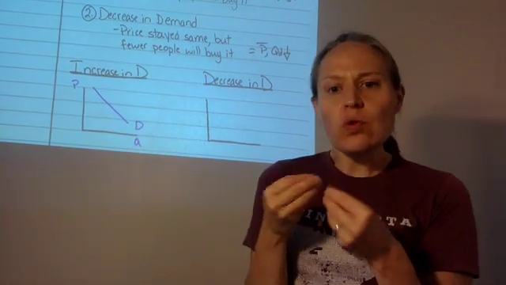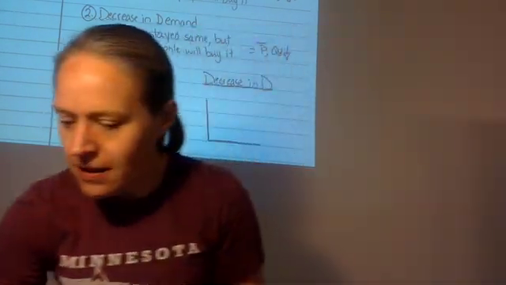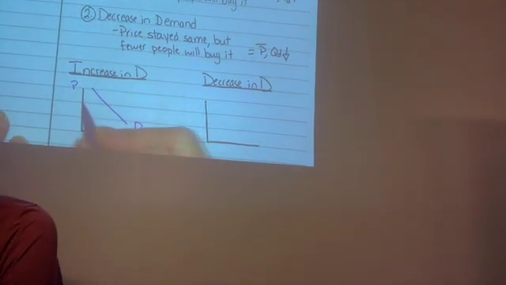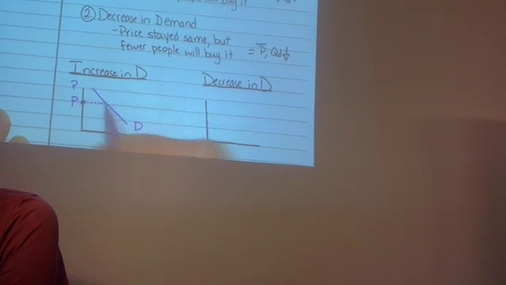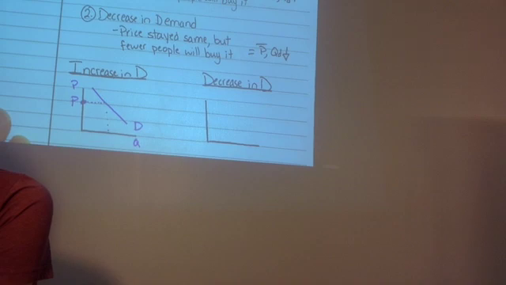So how do we show the price staying the same on one of these graphs? Well, we can just pick a price, any price, and then we'll go over and then down. Well, the price is not going to change, but we want the quantity demanded to increase. We want it to go like from there to there. Well, how does that happen?